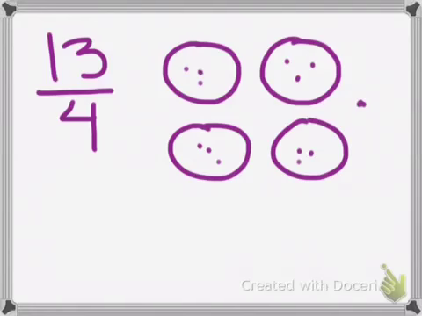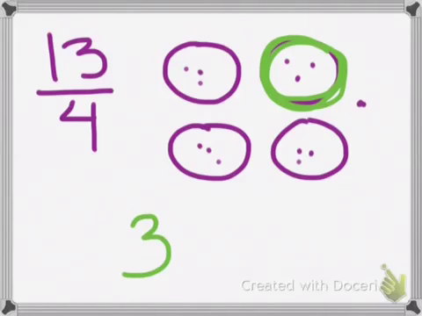So that is written as, you know your whole number is whatever is inside one of the circles. Inside one of these circles is 3. So I know that's going to be my whole number. Whatever my numerator is going to be is what's left over. What's left over here is this 1 that's outside here, so that becomes my numerator.